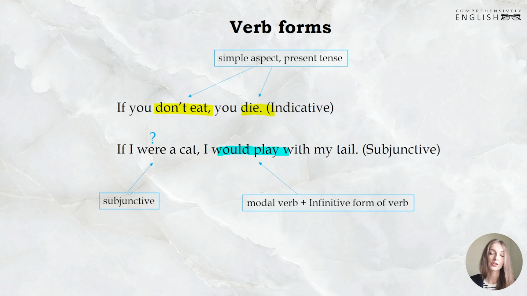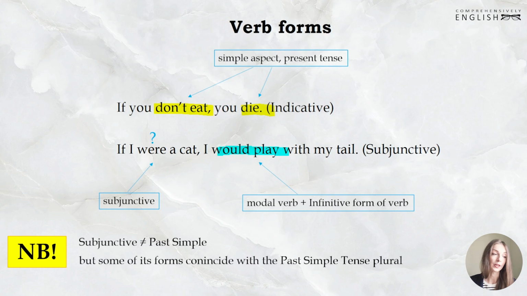These two sentences, though they are both conditional sentences, they are expressed in different moods. Real conditions are expressed in the indicative mood, unreal conditions are expressed in the subjunctive mood. Please also note that subjunctive doesn't equal past simple. The subjunctive mood and the past simple are two different phenomena. The thing is, today, in English, the subjunctive mood is barely visible.